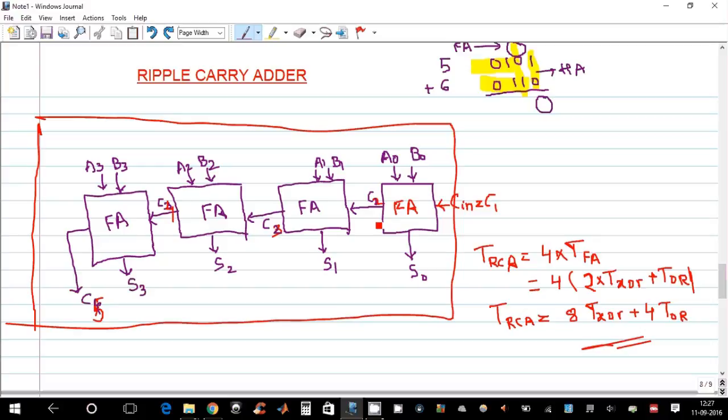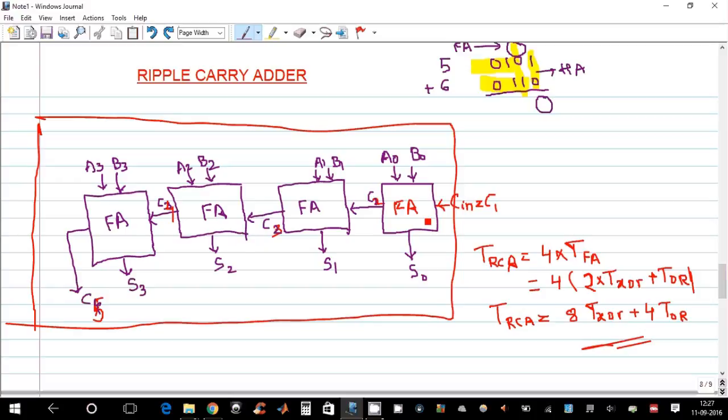Why we are realizing in that sense is that, as you can see here, the delay for realizing this carry C3 should depend on the delay of this full adder as well as this full adder.